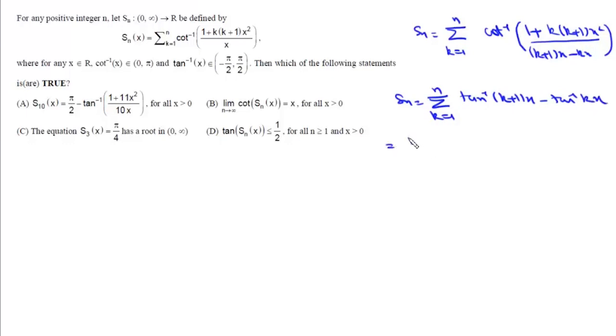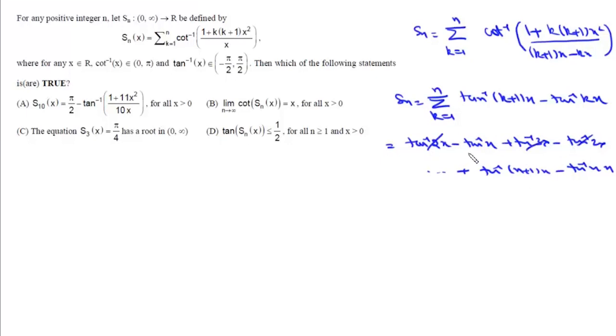When k is 1, it will be tan inverse 2x minus tan inverse x, plus tan inverse 3x minus tan inverse 2x, and we continue up to tan inverse (n plus 1)x minus tan inverse of nx. Now these terms, they'll cancel.